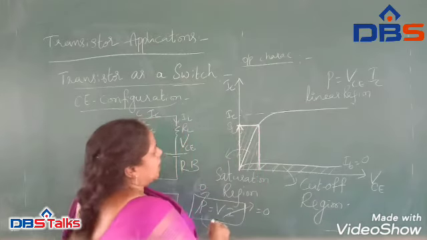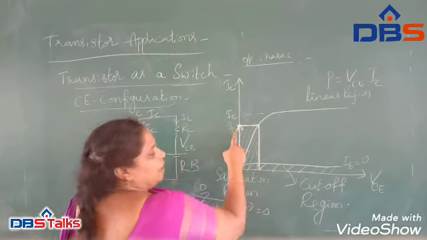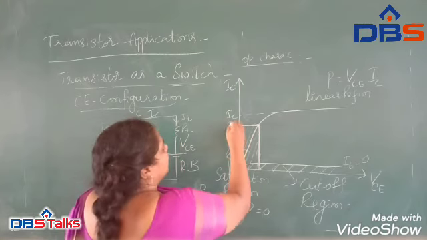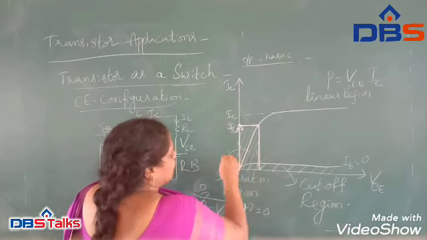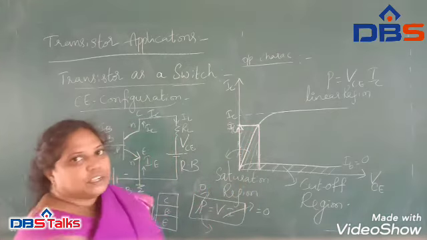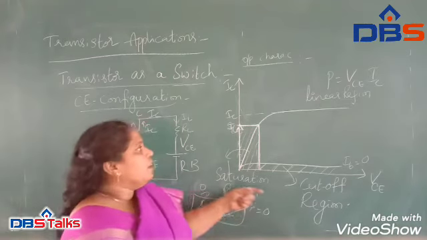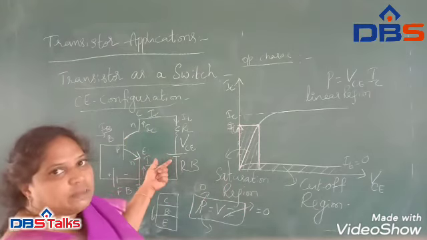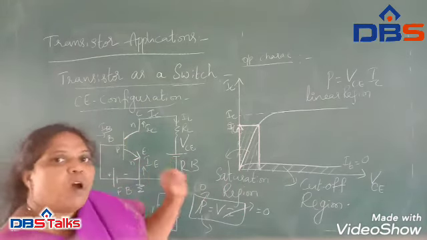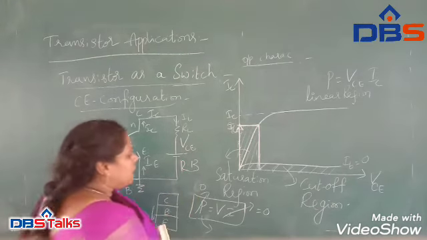With 0.1, 0.2, likewise the voltage is increasing. At the same time, the load current will also increase somewhat. So this region we can consider the saturation region, and the other is the cutoff region. In the saturation region there is only some small voltage, so the device starts to turn on.